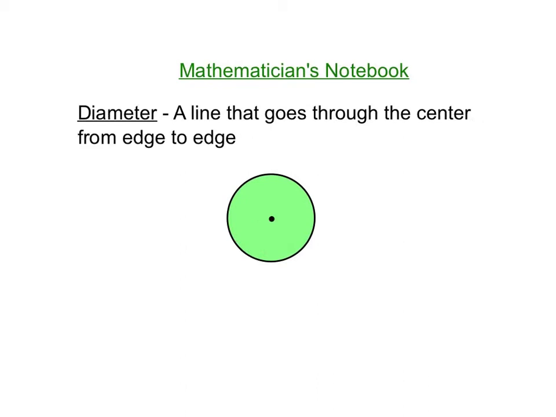The second part that we need to know is called the diameter. The diameter is a line that goes through the center of a circle, from edge to edge. So diameter looks like this. Draw a circle, and then make a diameter run through it. And then once you make sure it's going through the center of the circle and goes from edge to edge, once you've done that, label that the diameter.